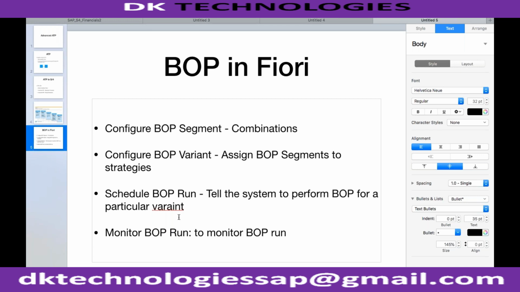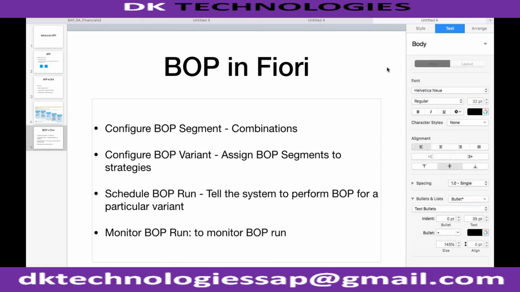Does it really require to create variant for lose strategy? Because it will always be whatever it confirms, or it will always give, not gain. So what is the use of BOP run then for lose?